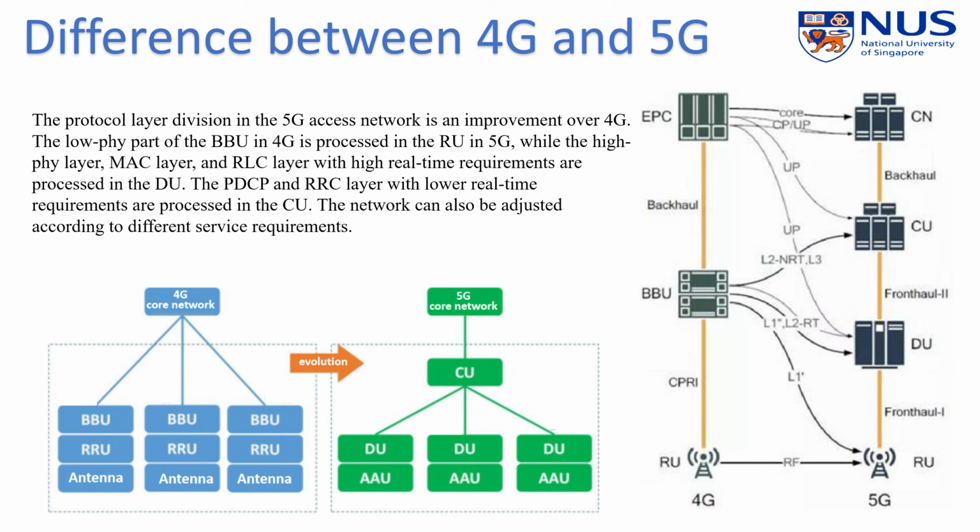The PDCP and RRC layer with lower real-time requirements are processed in the CU. The network can also be adjusted according to different service requirements.